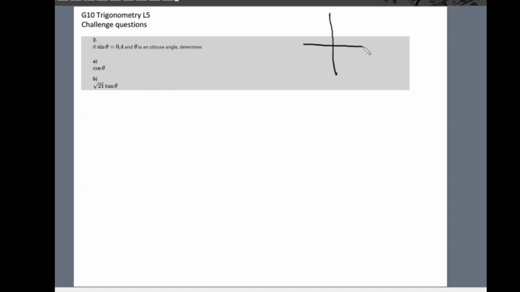And then sathi ukhumbula ukuthi on the first quadrant all the ratios are positive, on the second quadrant only sine is positive, third quadrant sathi only tan is positive, and then on the fourth quadrant only cos is positive. So this is the CAST diagram.